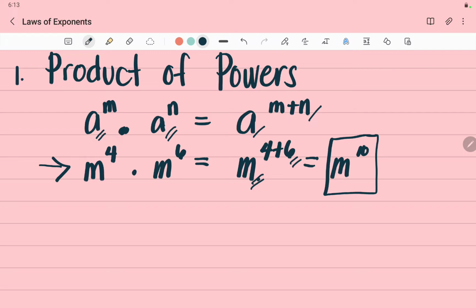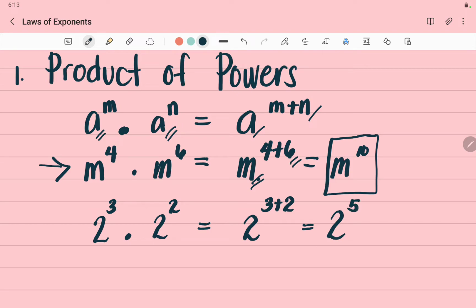Now, what if we have numbers or constants as our bases? For example, 2 cubed times 2 squared. Very good. So that is 2 raised to 3 plus 2. So our answer is 2 raised to 5.